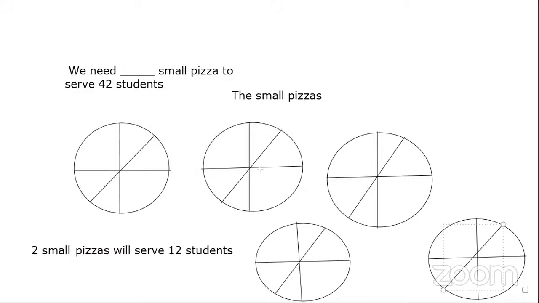If 2 small pizzas give me 12 slices, 3 give me 18 slices, because I know my multiplication table, I can just count 12, 13, 14, 15, 16, 17, 18, 19, 20, 21, 22, 23, 24, 25, 26, 27, 28, 29, 30. So 5 small pizzas. And we could do it for 1, 2, 3.